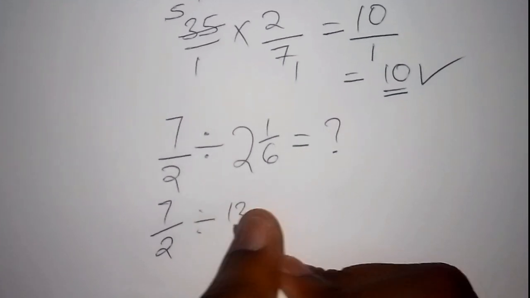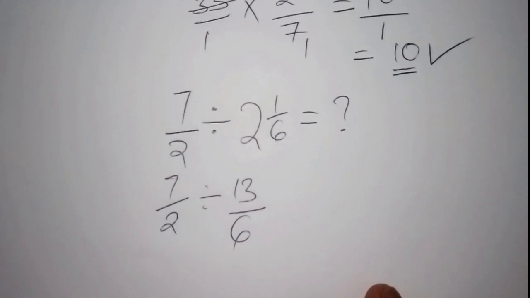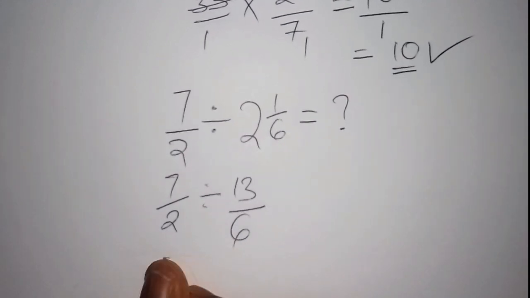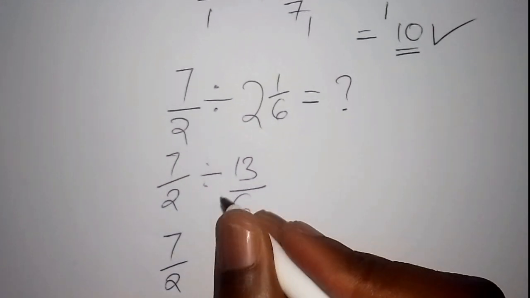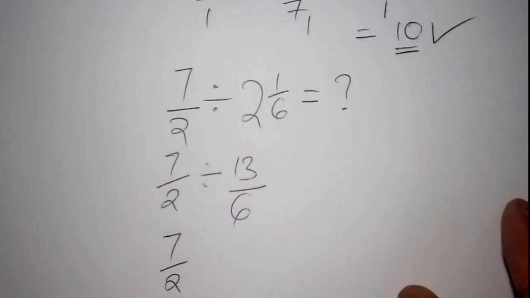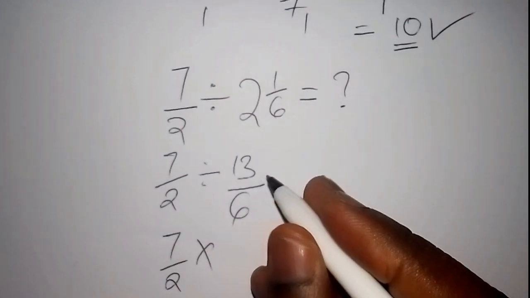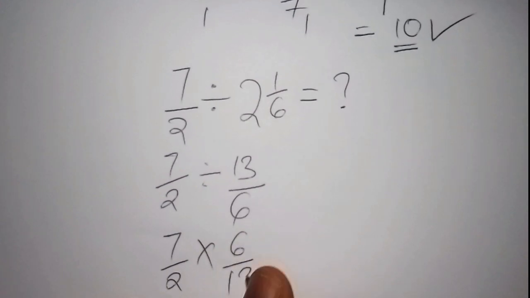So we shall have 13 over 6. Our next step is to change this into its reciprocal. We shall have 7 over 2, then the division shall change into multiplication. Instead of writing 13 over 6, we shall write 6 over 13.